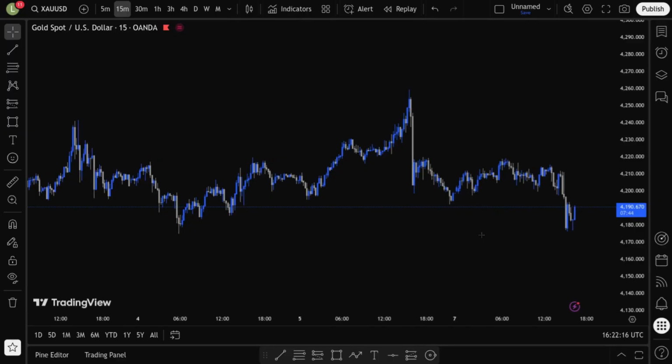You can see this sell now, liquidity being swept. This is a resistance zone that was broken. Many traders will be going for a buy, and what happened was the market just hit their SL like this, and price will just start dipping like crazy on XAUSD. You can see the massive sell, and now it has formed consolidation.